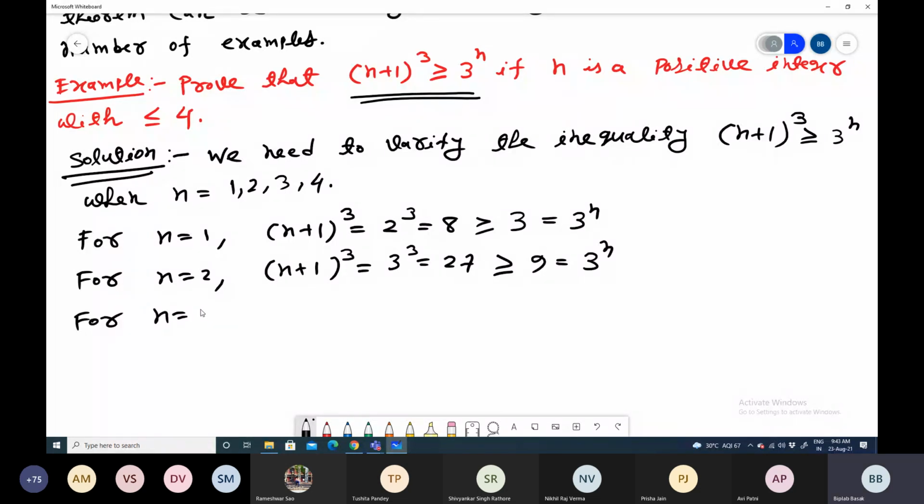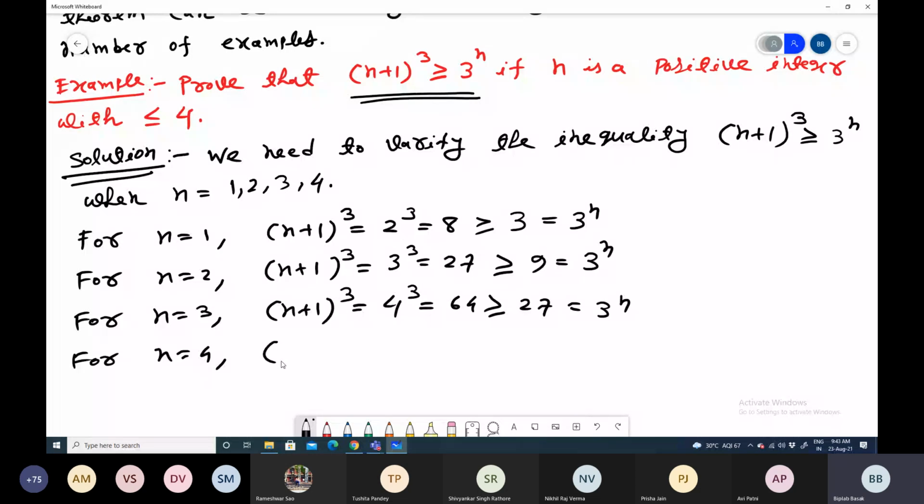Now similarly for n equal to 3, (n+1)^3 will be 4^3, that is 64, bigger or equal to 27, equal to 3^n. And similarly for n equal to 4, that will be 125, bigger or equal to 81, equal to 3^n.